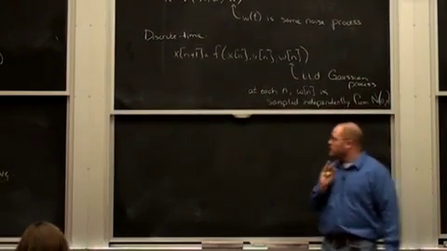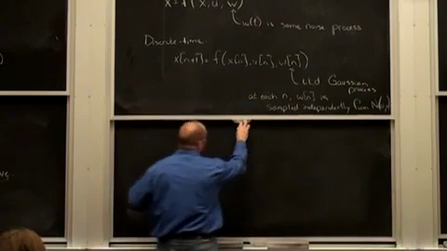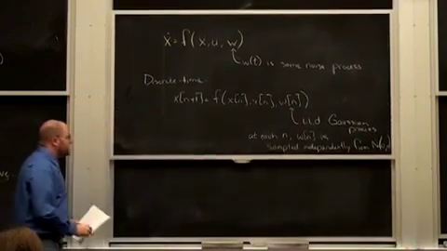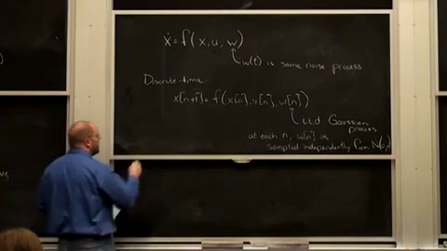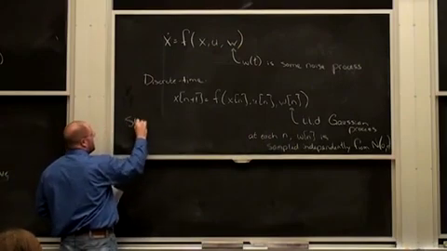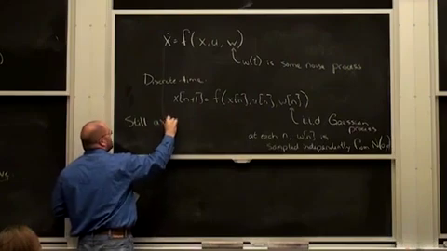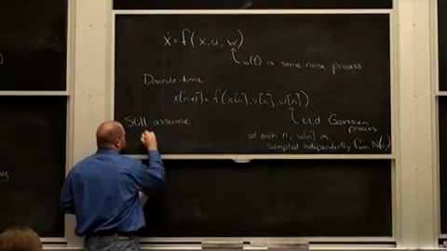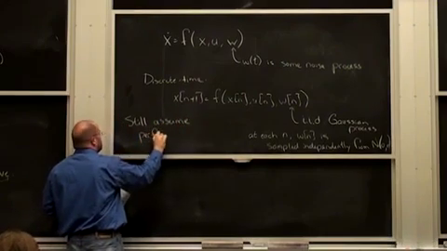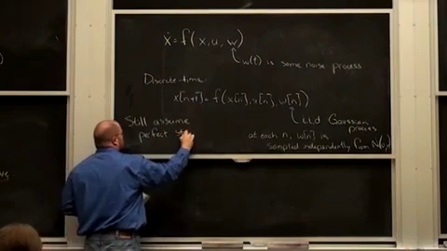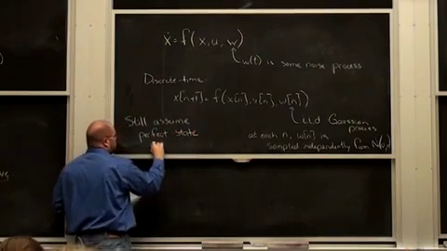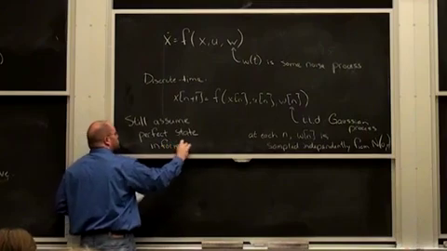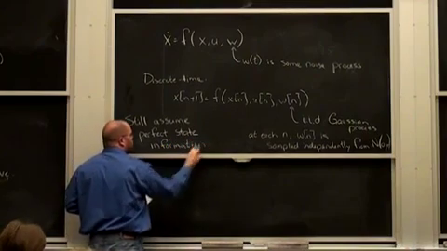Now, one thing I want to avoid talking about today so far is sensor noise, so let's still assume that we have perfect state information. I don't want to worry about sensor noise yet.